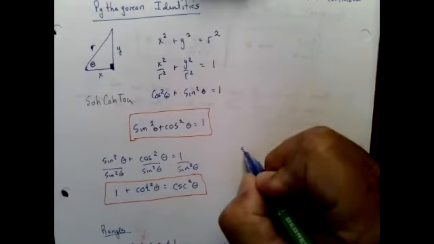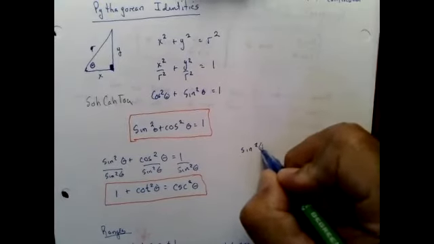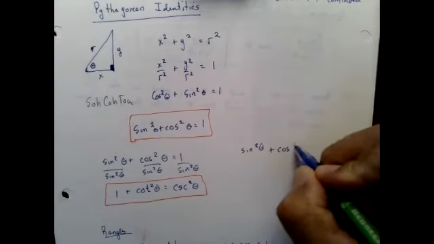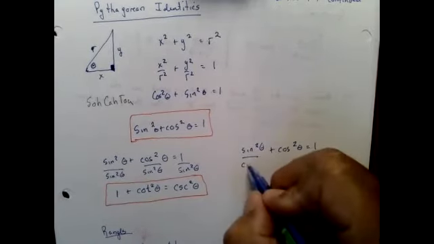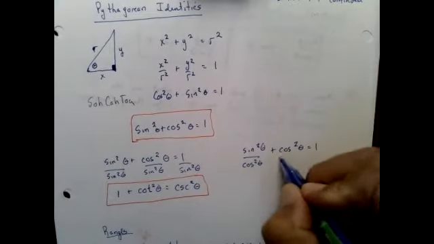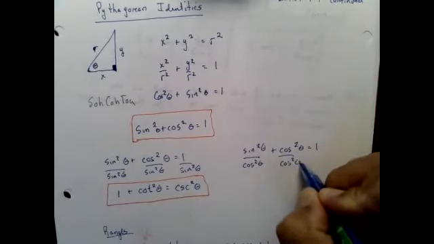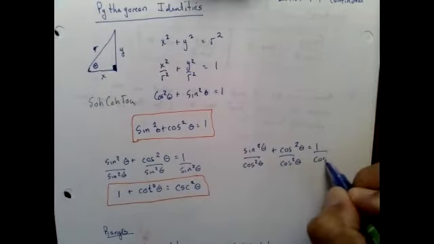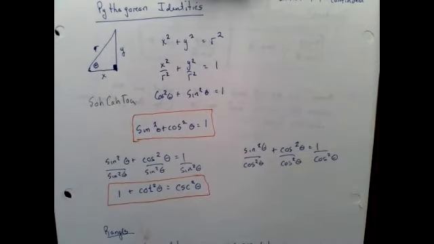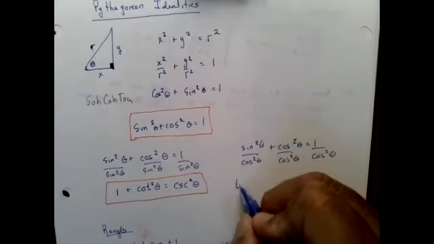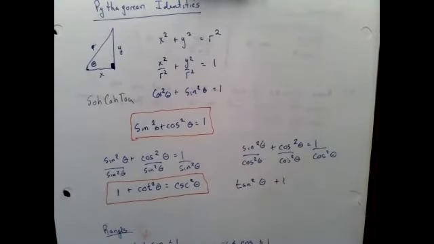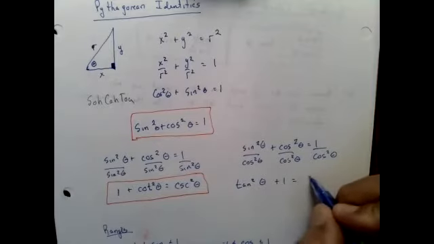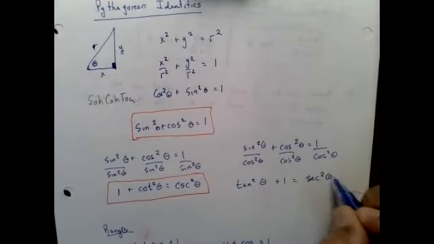Finally, I'm going to come up with a third one: sine squared of theta plus cosine squared of theta equals 1. This time I'm going to divide everything by the cosine squared. Sine over cosine, that's going to give me the tangent squared plus 1 equals the secant squared.